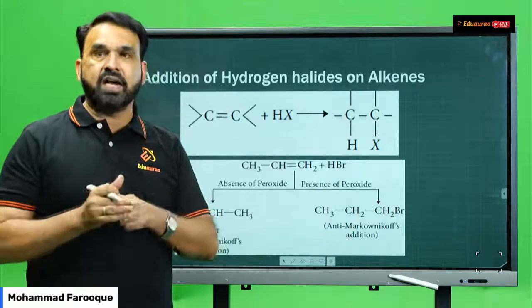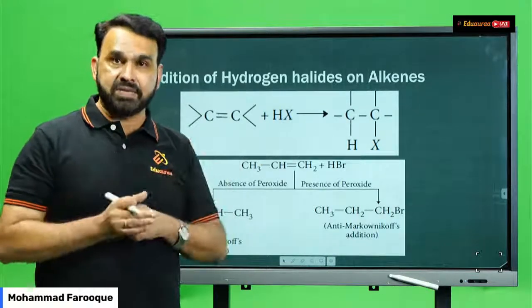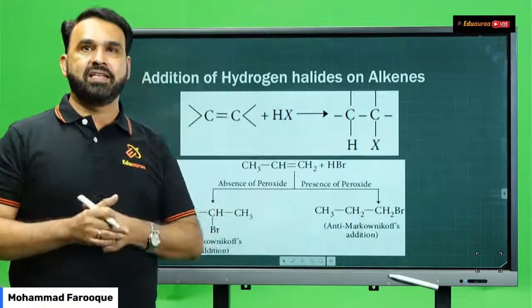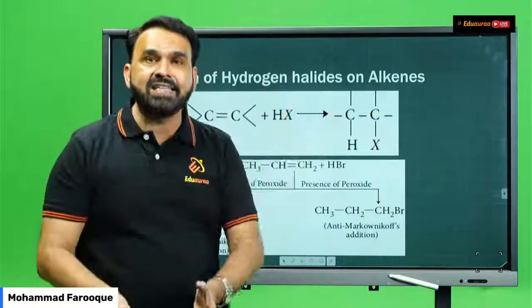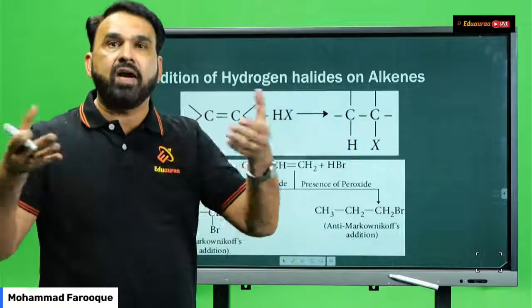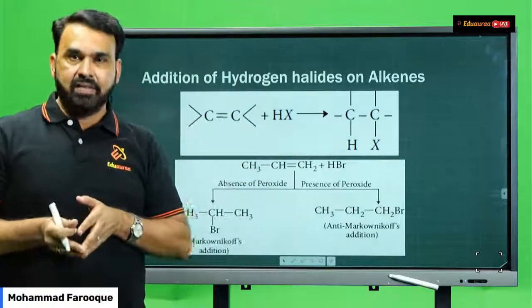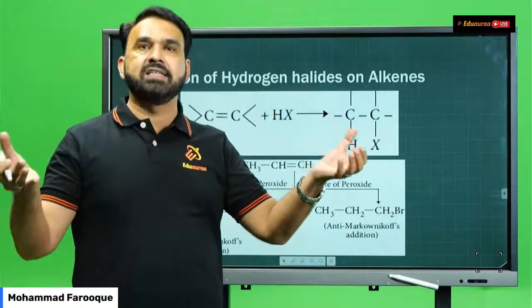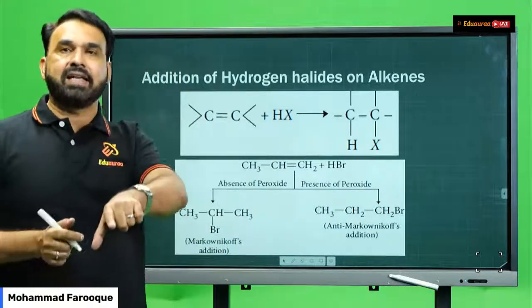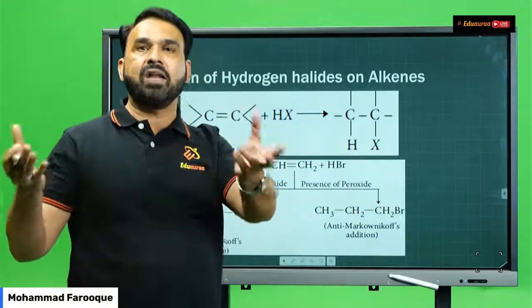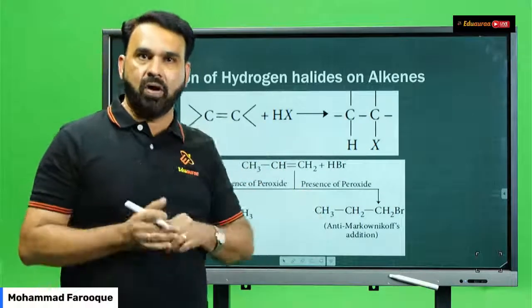These unsaturated hydrocarbons are classified into two types, symmetrical and unsymmetrical alkenes. What are symmetrical alkenes? Alkenes in which the double bond divides the carbon atoms equally. That means the number of carbons on both sides of the double bond is the same. And unsymmetrical alkenes contain an unequal number of carbon atoms on either side of the double bond.